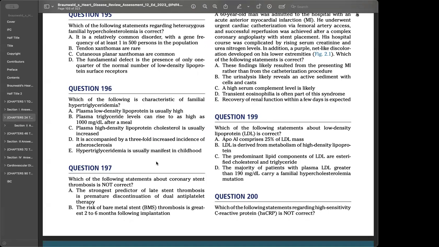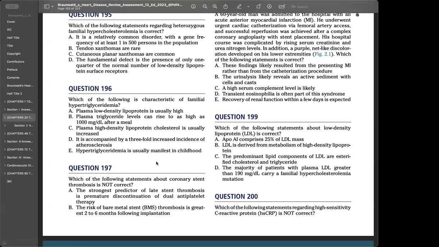Acute stent thrombosis occurs immediately following the procedure, immediately following passage of a stent, while subacute is when it occurs within 1 month of passing a stent. Late stent thrombosis occurs after about 1 month of passing the stent.